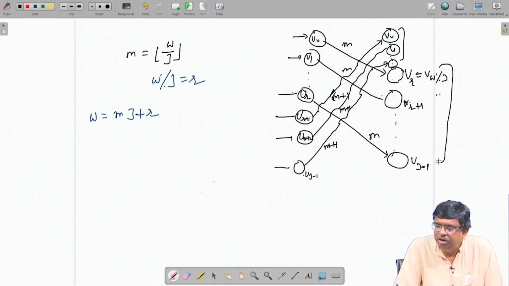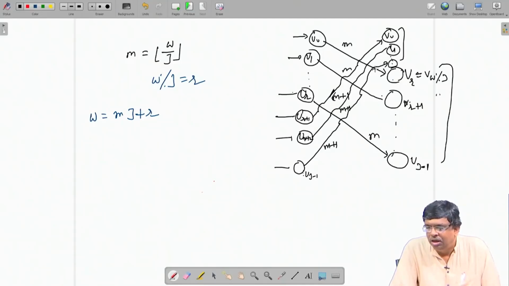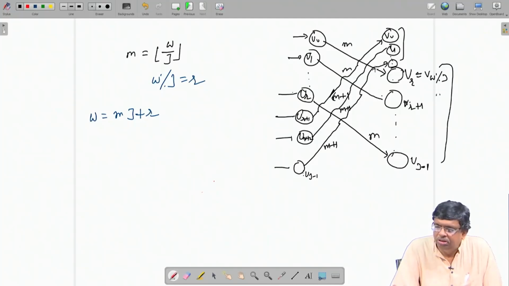So, how many do I have here for which the edges have m delays? I have got j minus 1 minus r. So, that will give me this many, plus you have to take this VR also. So, plus 1, j minus 1 minus r plus 1, r plus 2 up to j minus 1 you went.